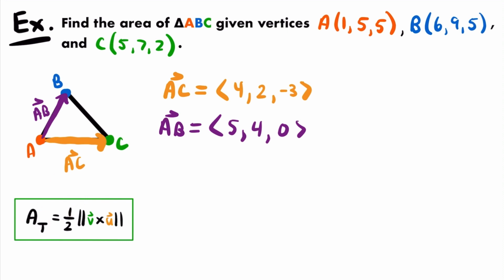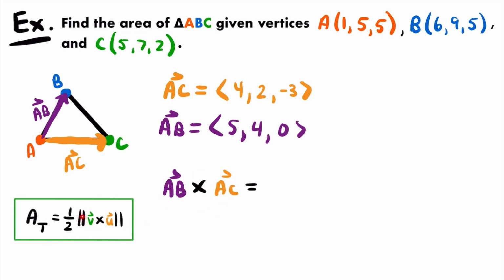So now let's work on that cross product. Let's figure out what vector AB cross vector AC would be equal to. And by the way, it doesn't matter the order in which you do this cross product. You could have AC cross AB, and even though you would get a different vector, it would just be the negative version of this vector.